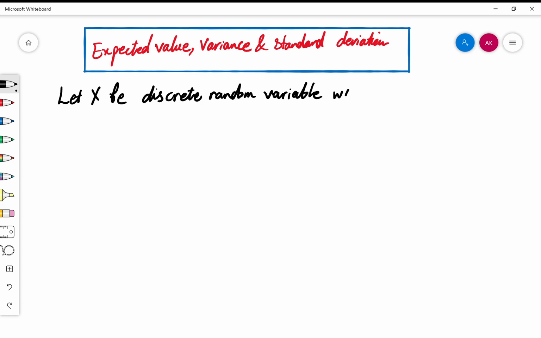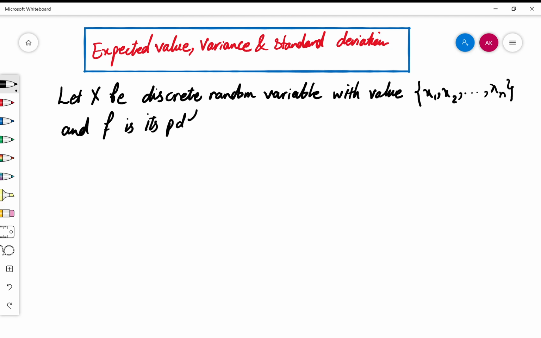We know that a discrete random variable only has finite values. Let's just say it gets x1 up to xn, and f is its PDF, probability density function.